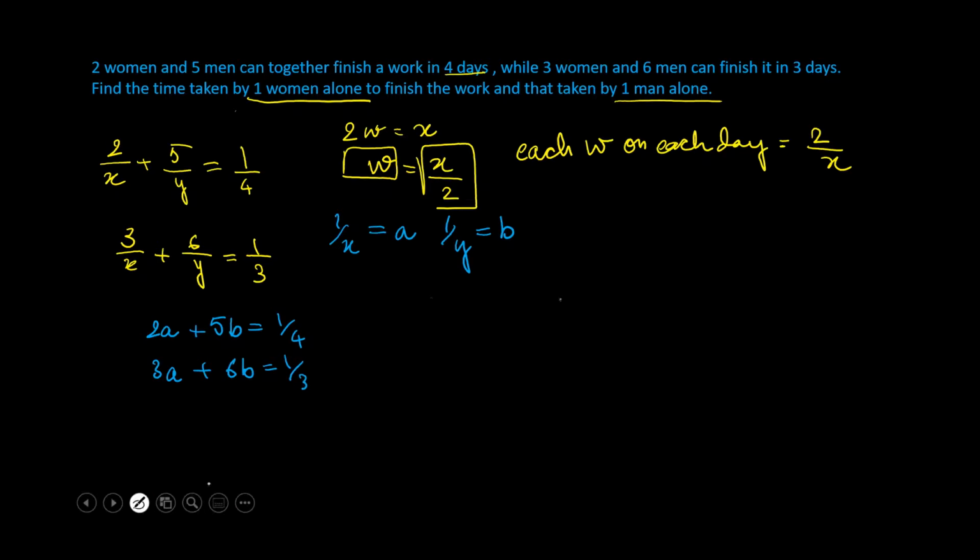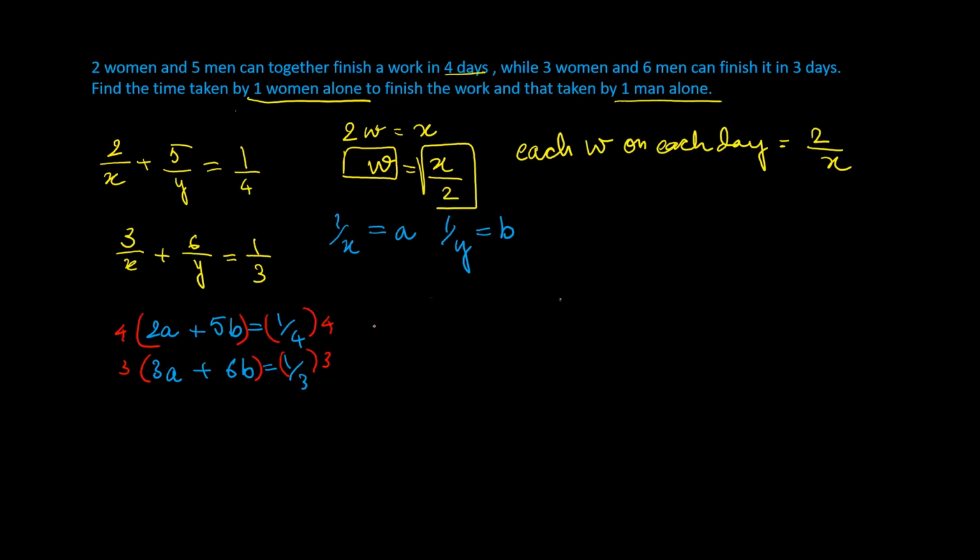I usually don't like working with fractions, so what I do is multiply this by the denominator and this by the denominator, and similarly here. What happens if I multiply with the denominator? I am no longer left with a fraction. I'll have a non-fraction, which is easier to solve.